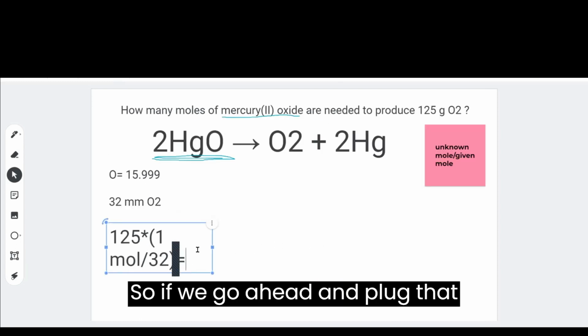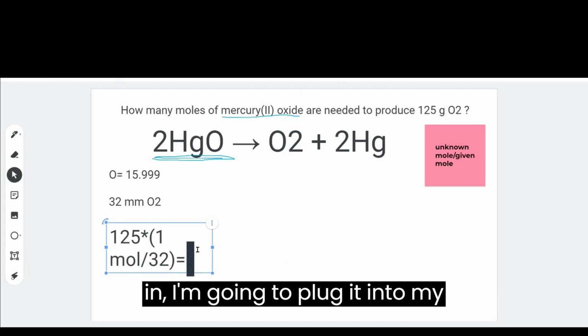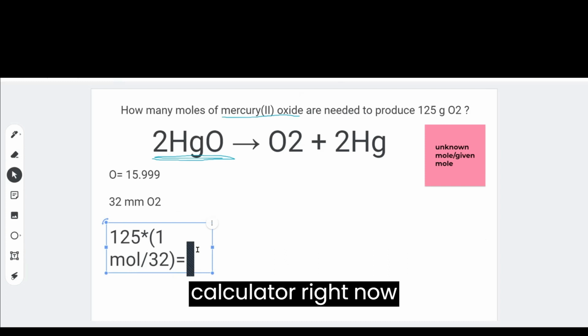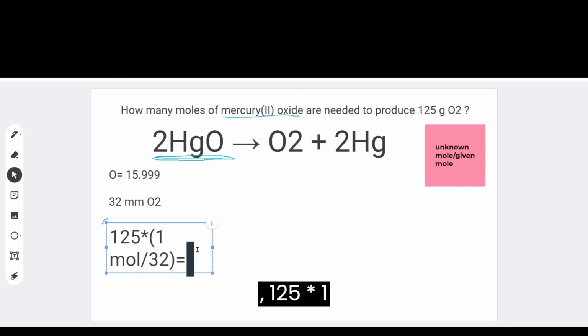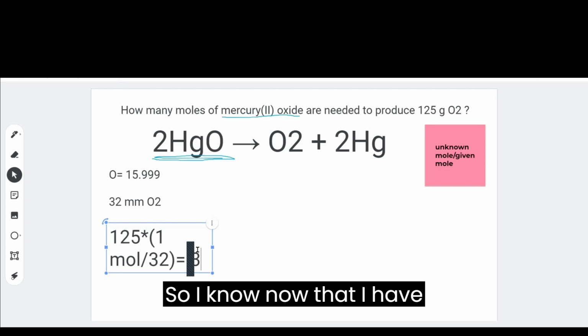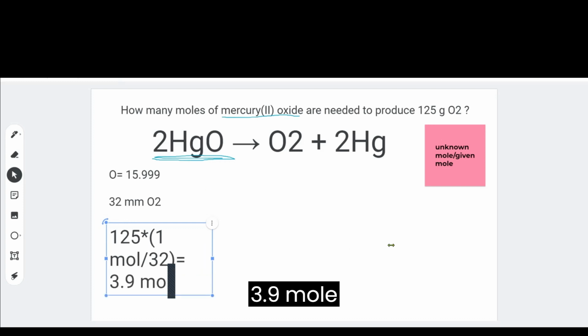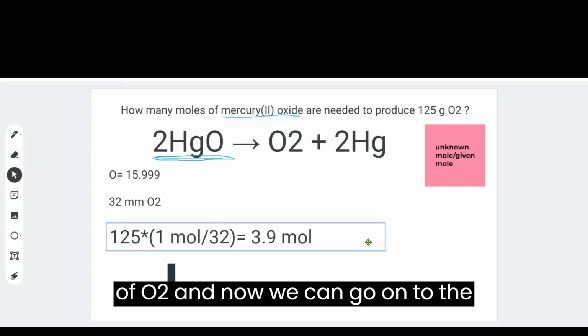So if we go ahead and plug that in, I'm going to plug it into my calculator right now. 125 times 1 over 32 should give us about 3.9. So I know now that I have 3.9 mole of O2. And now we can go on to the next step.